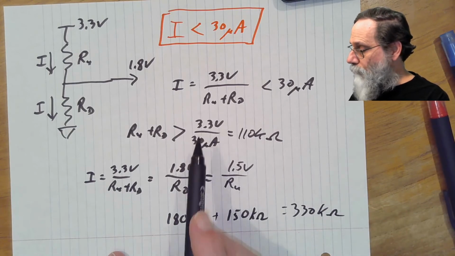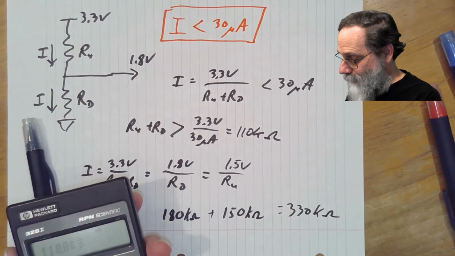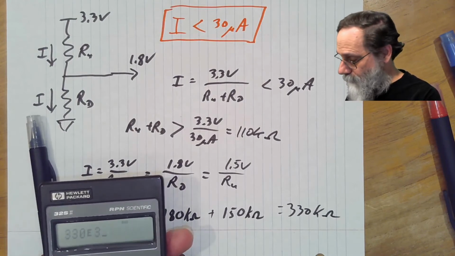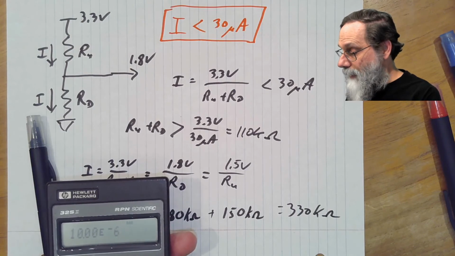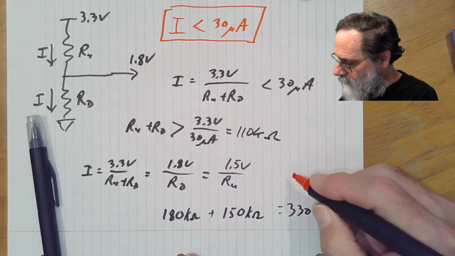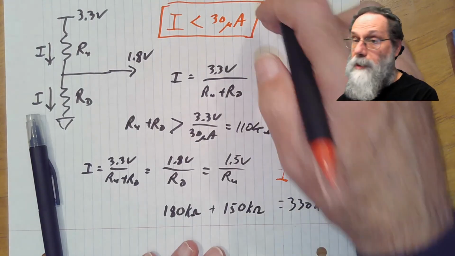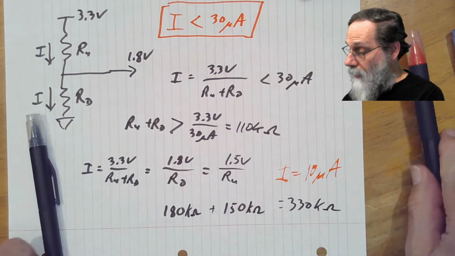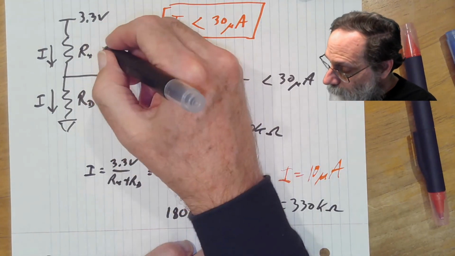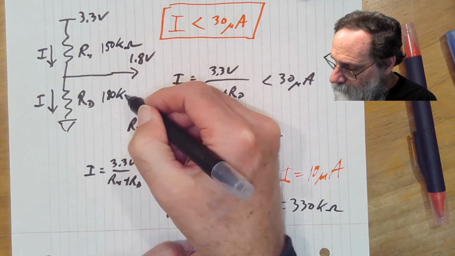And if we had 3.3 volts divided by 330 kiloohms, I could do that in my head, I get 10 microamps. So 10 microamps is definitely less than 30 microamps. We've met the constraint. So we have RU being 150 kiloohms and RD being 180 kiloohms.